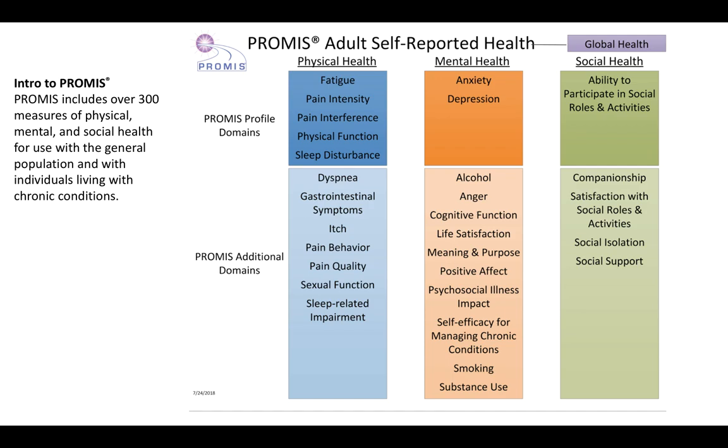Now, PROMIS is meant to measure health-related symptoms across diseases. So over 300 tools were developed and continue to be upgraded in 3 primary domains of health. These include physical health, mental health, and social health, with physical health examples being fatigue and physical function, mental health examples being anxiety and depression, and then new to clinical care is the assessment of social health, ability to participate in social roles and activities, or something like social isolation.